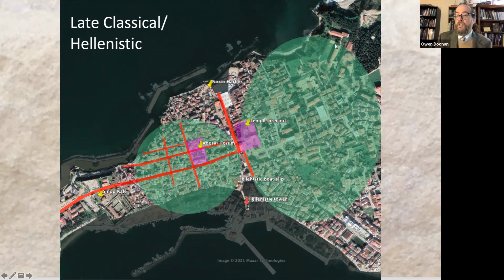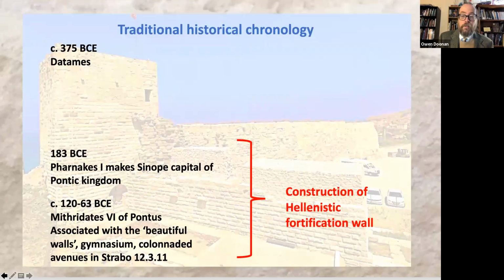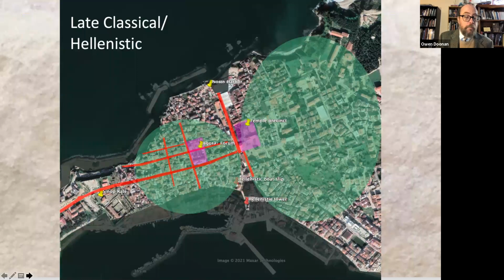So another very interesting development in the late classical and Hellenistic phase is the development of a series of suburban villas with quite fine mosaics of a very distinctive type. A series of pebble mosaics have been found in this area, and I'll show you one or two examples that I can, but it's really a very remarkable series.